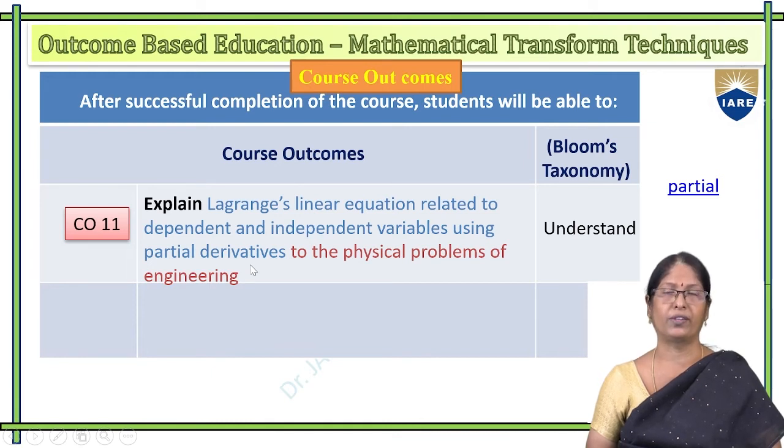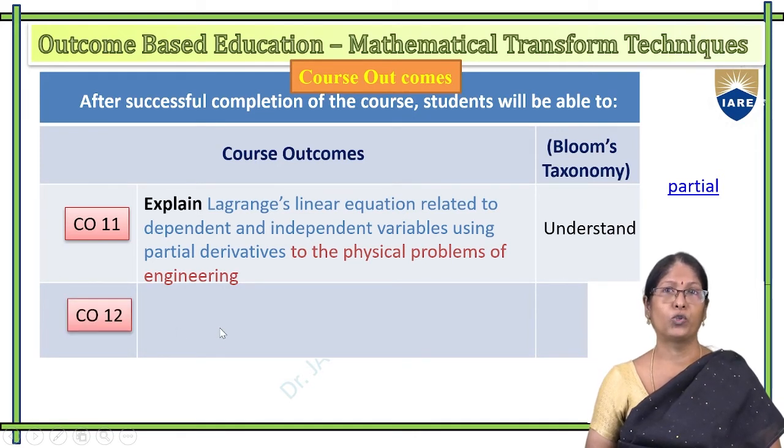After recollecting, he has to do the comparison, the linear equation, but in our curriculum, specifically Lagrange's linear equation. So what is Lagrange's linear equation? And the ordinary linear equation, understanding level 2, satisfying that, is framed under CO 11.